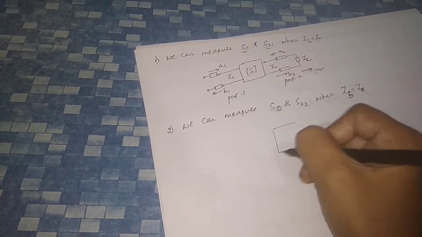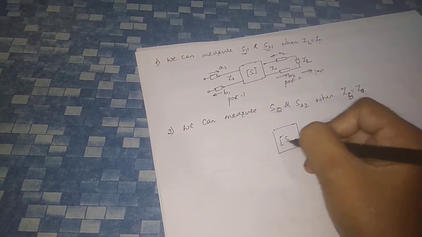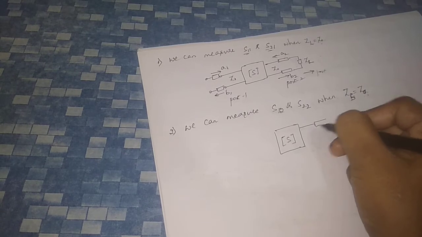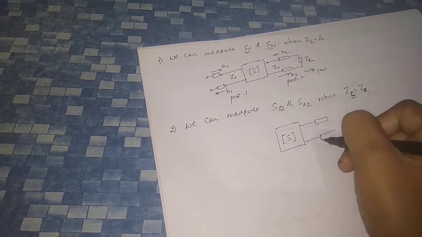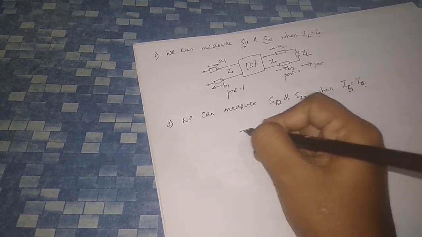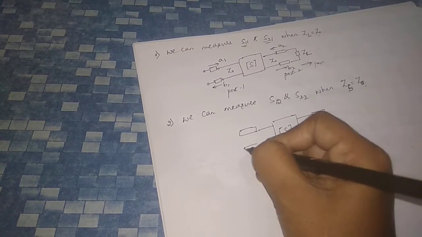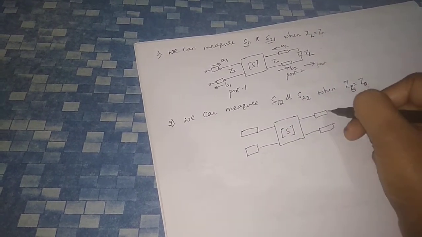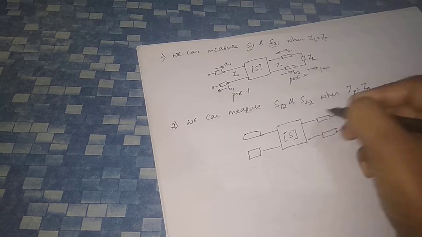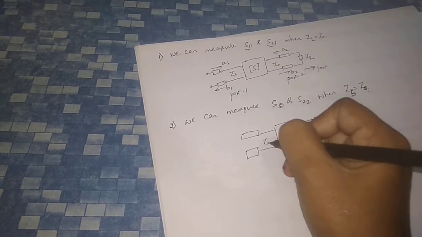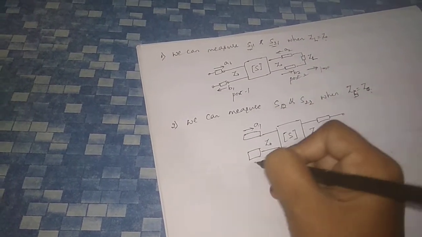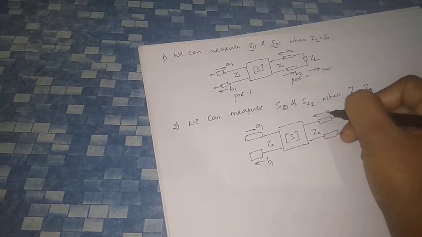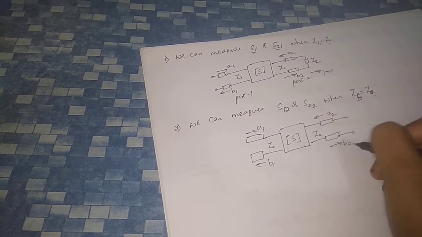Say I have the same two-port network, with the incident and reflected waves A1, B1 and A2, B2, having the characteristic impedance Z0. This is A1, this is B1, this is A2 and this is B2.